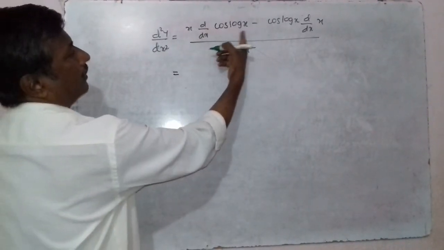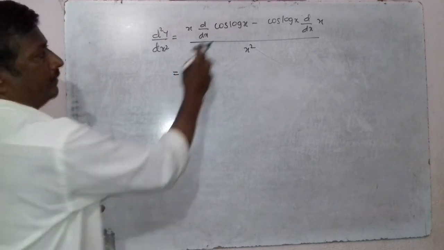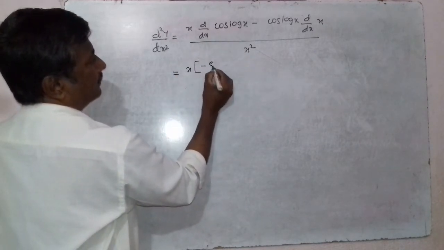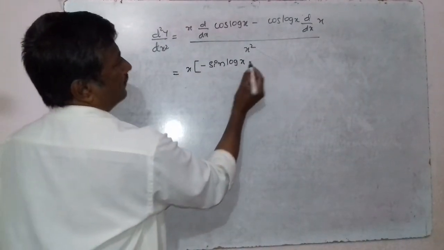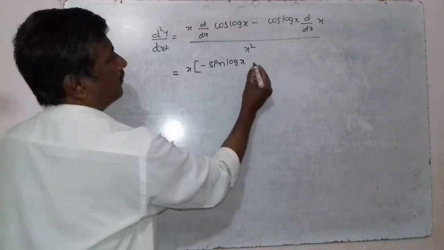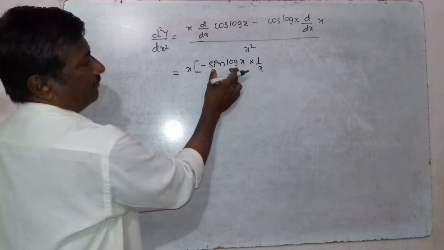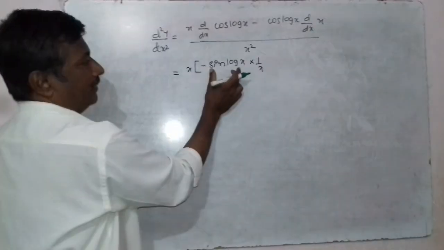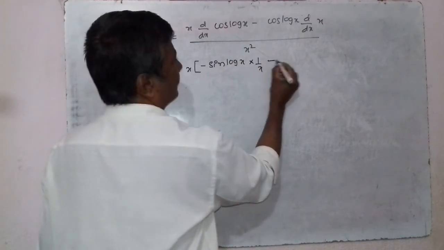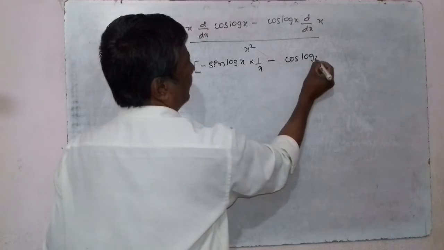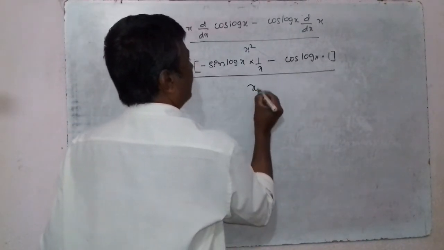So again here it is a composite function: x into bracket, the derivative of cos is minus sine of log x, the derivative of log x is 1 by x, composite cos fx, the derivative of cos fx and the derivative of log x, minus cos log x into 1, this divided by x square.